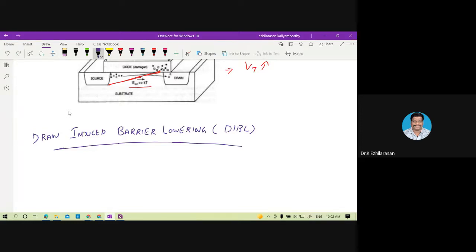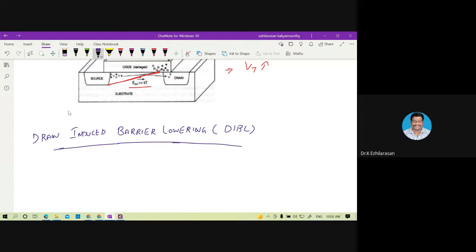What is DIBL here? Again for DIBL, two things we have to consider.